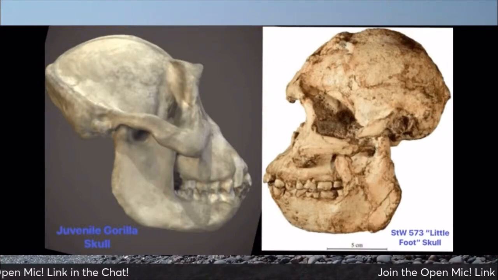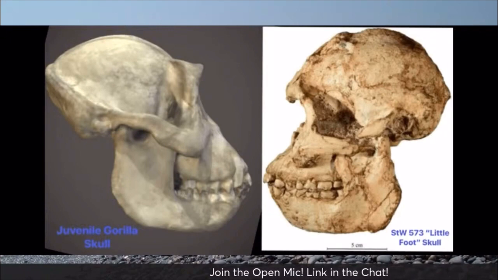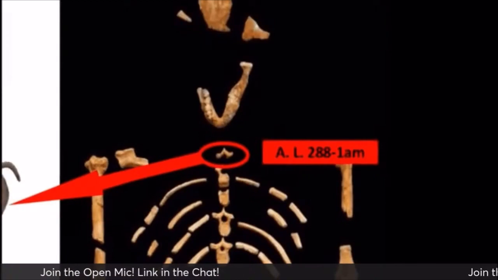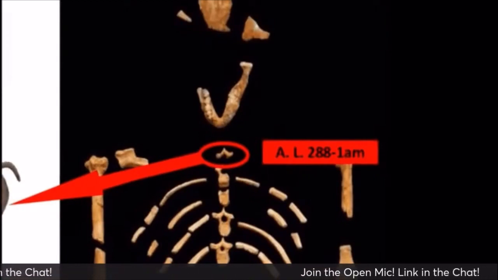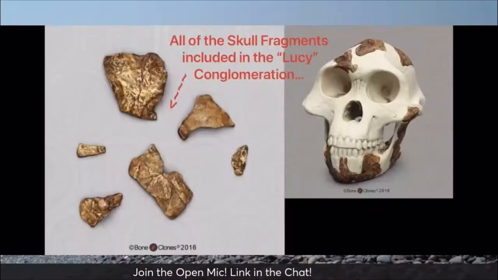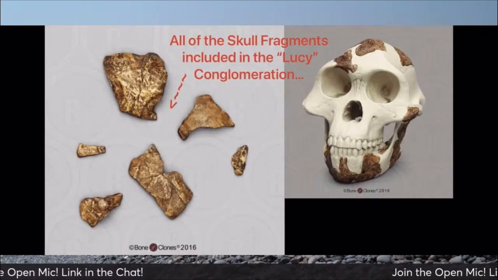Because when you have something like Lucy's skull, which is a few fragments, you can probably see it better. There we go. We've got 6 fragments of skull here to speak of.